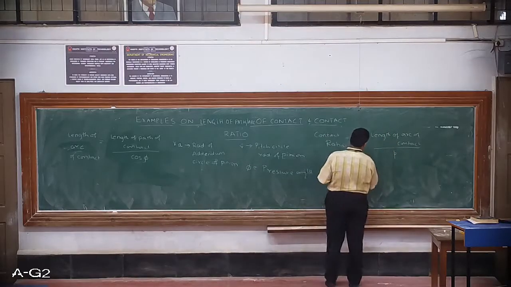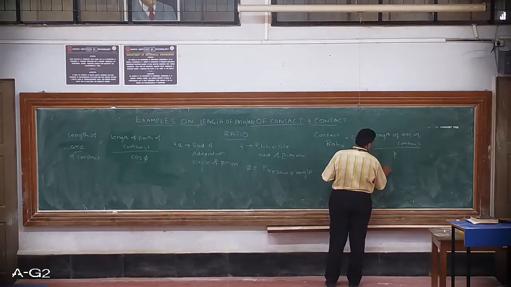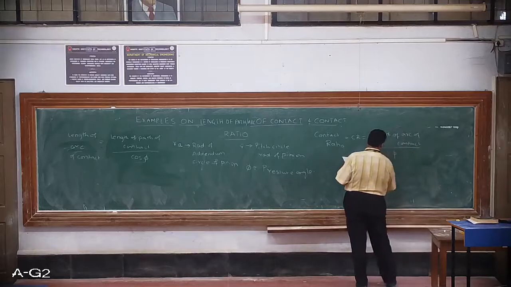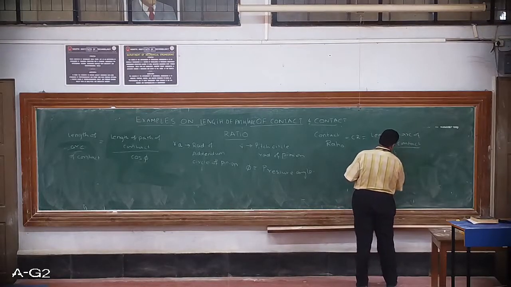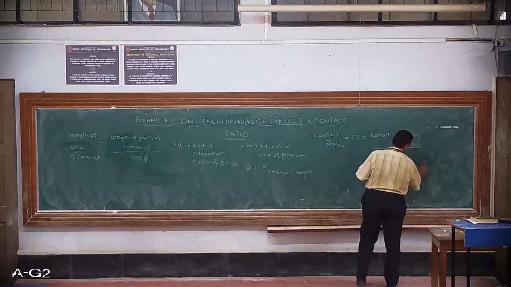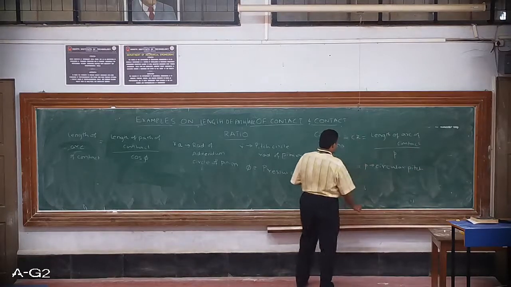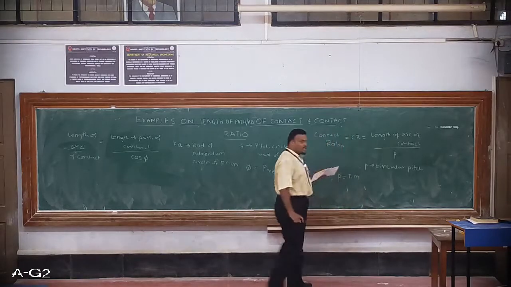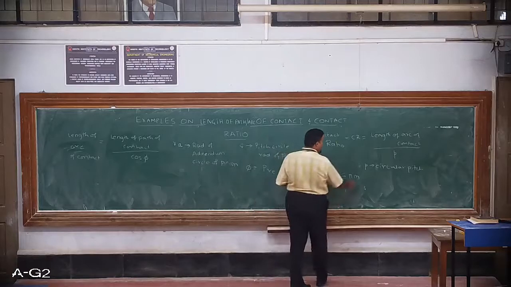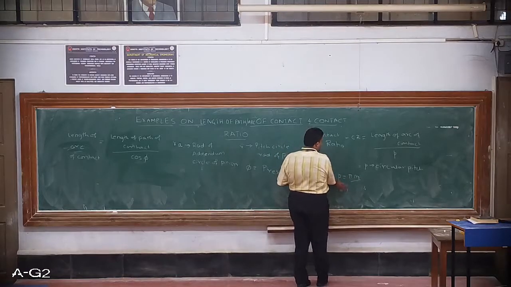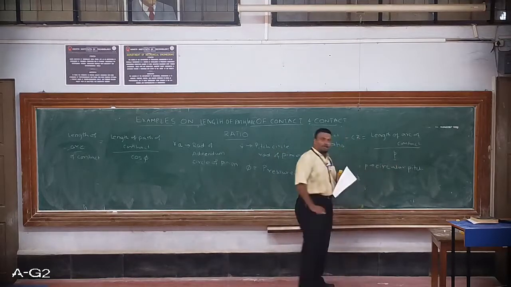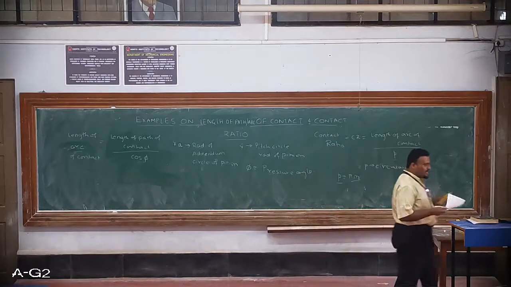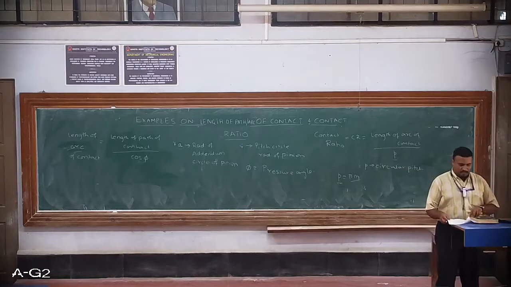Small p is the circular pitch. For circular pitch, we have seen p is equal to pi into m, where m is the module. So if module is given, you can get the circular pitch, and from circular pitch you can determine the contact ratio. So now using these three equations, we shall see a few examples on this topic.